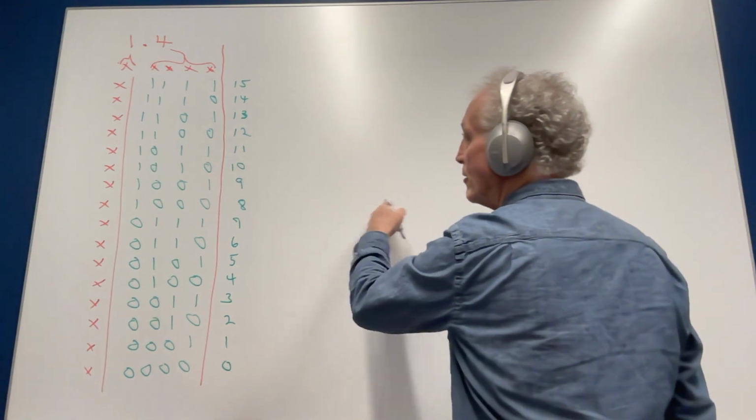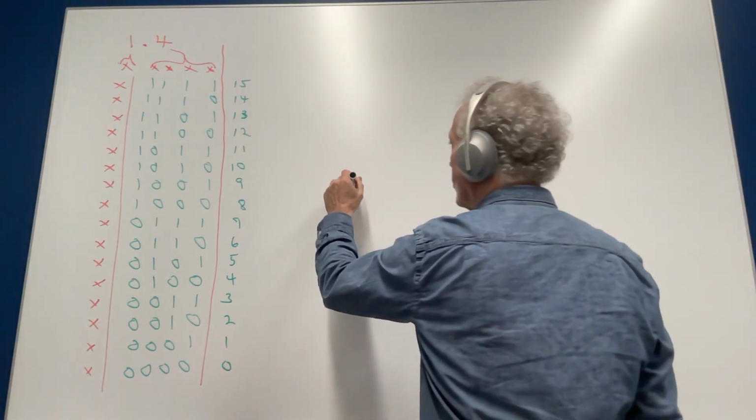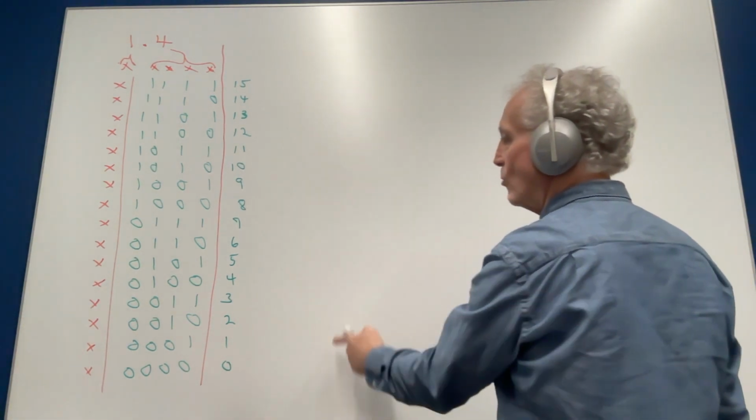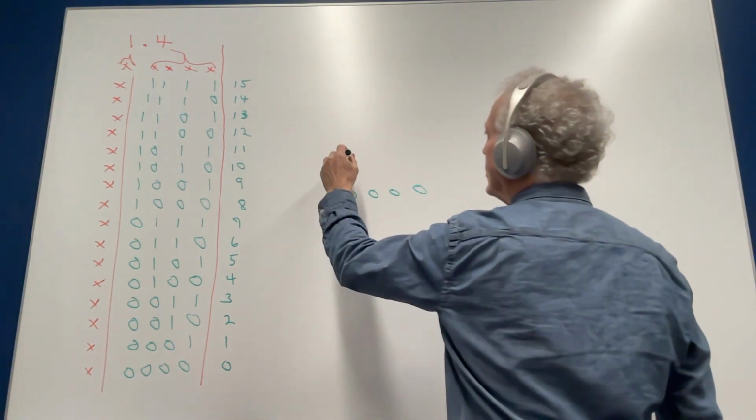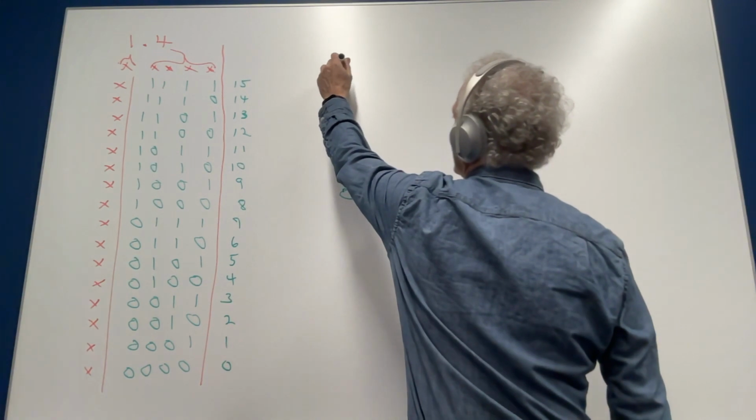We're going to start in the middle. We'll have 0 be in the middle, and then we'll go up to 15.